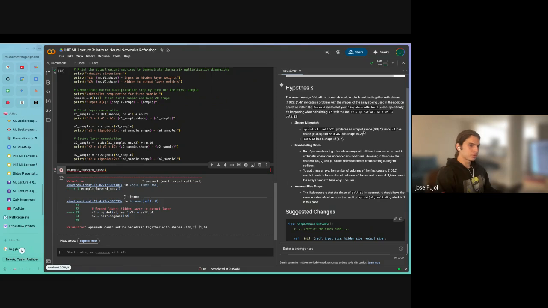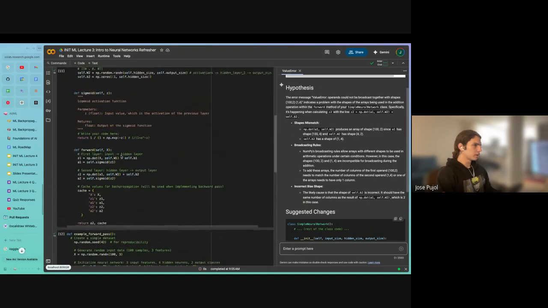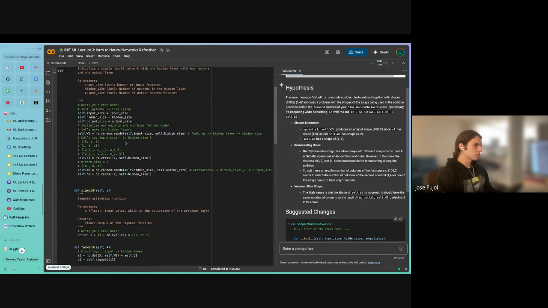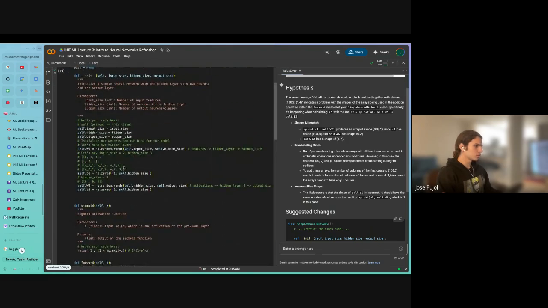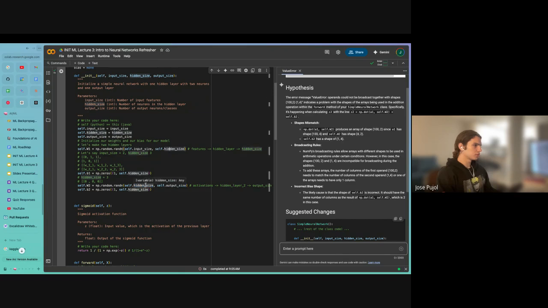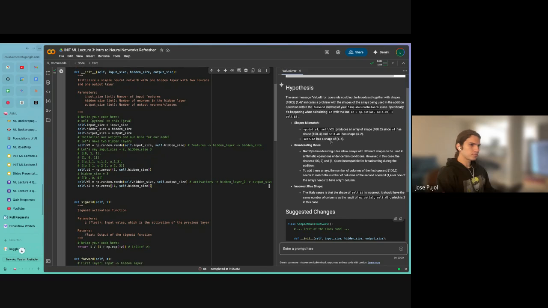Yeah, shapes mismatch, right? np.dot of A1 produces an array of shape 10 by 2, since A1 has shape 10 by 4, W2 has shape 4 by 2, so b2 has shape 1 by 4.